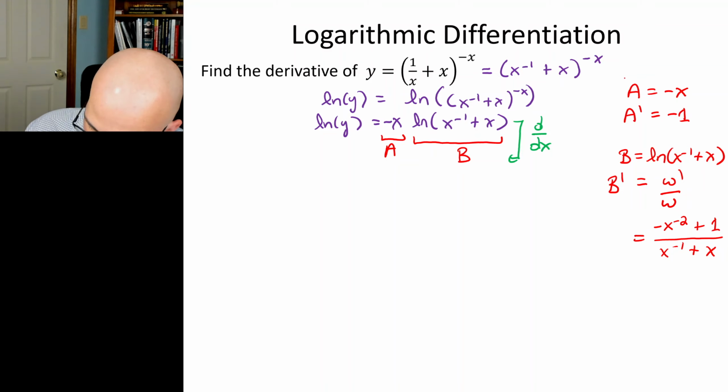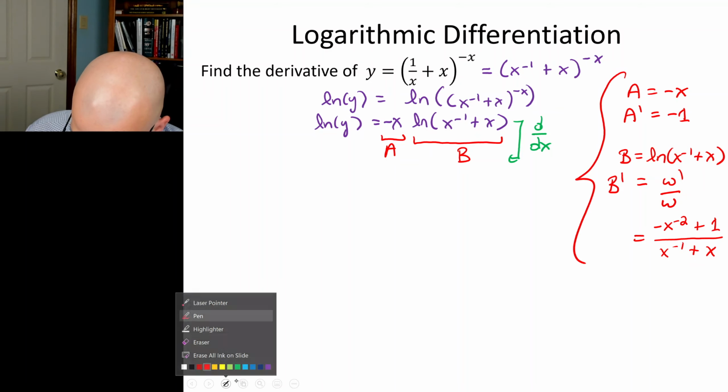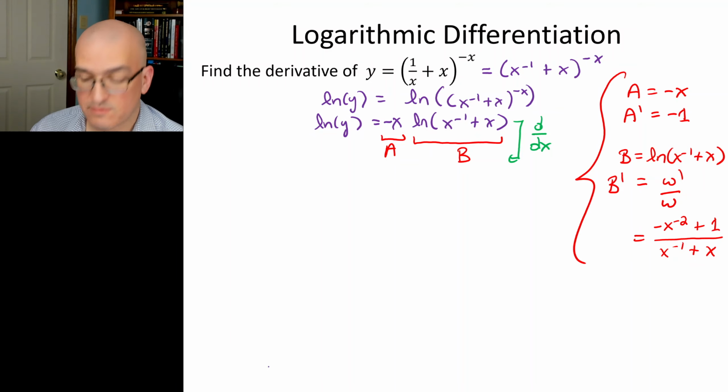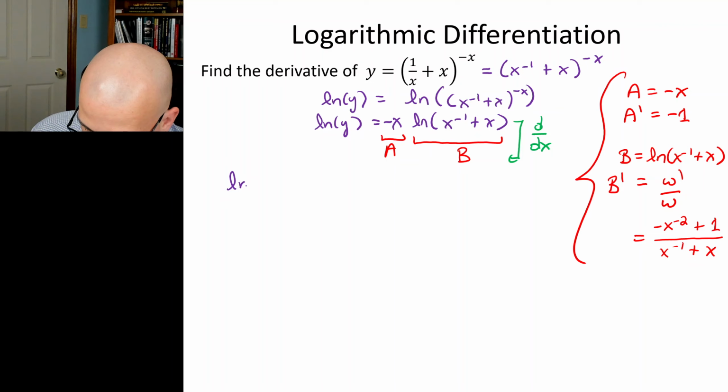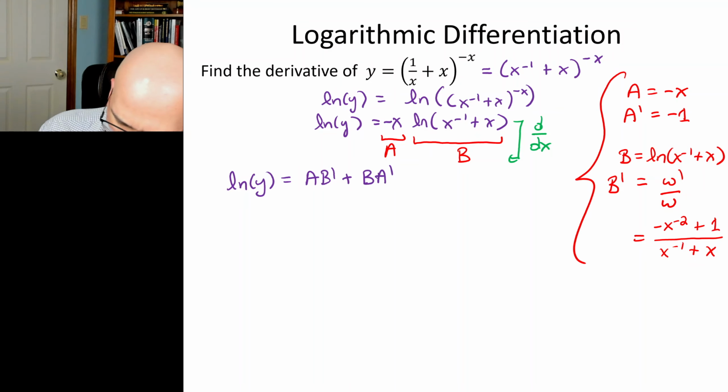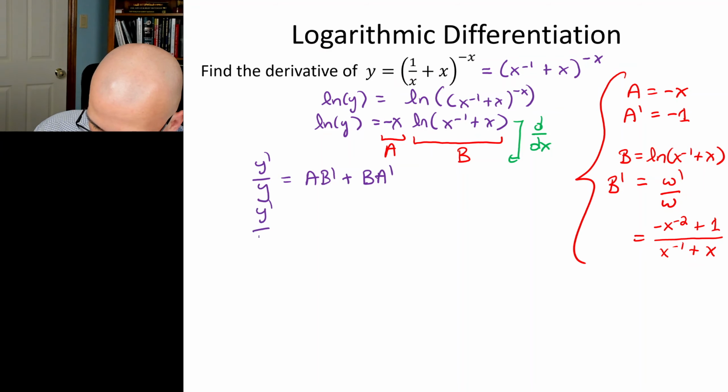Okay, we'll substitute all that in. It's going to be messy, but that's okay. Doesn't have to be nice. Ln y is equal to ab prime plus ba prime. Oh, not ln y, y prime over y, since we took the derivative of both sides.